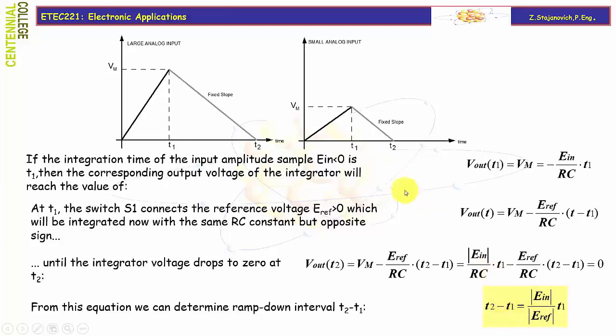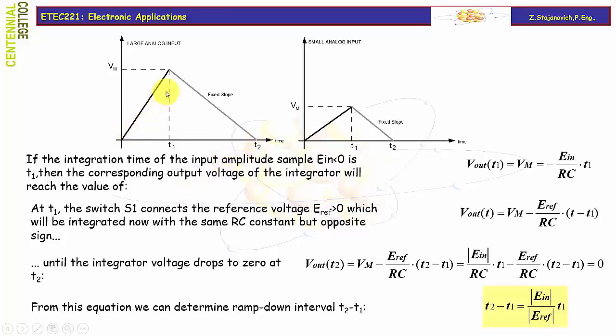Now, you might ask yourself why we keep on assuming that the input sample is negative, and because of that, EREF is positive. It really doesn't matter, because even if the input amplitude is positive, then the reference voltage will be negative. So we're going to start our integration by ramping down for the time t1, and then from that point, because we are now switching to negative EREF, reference voltage, we're going to start ramping up.